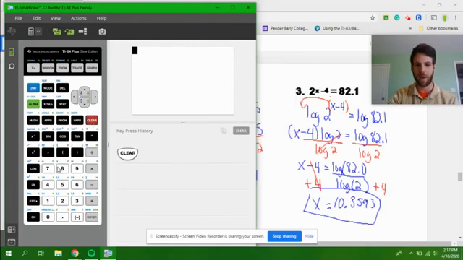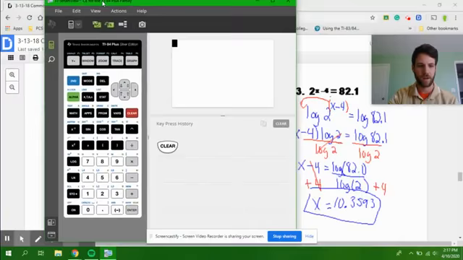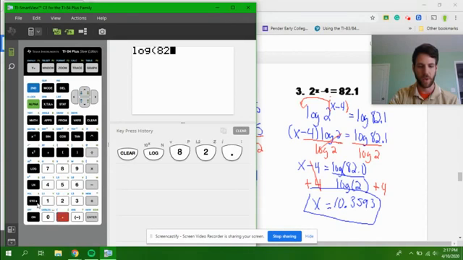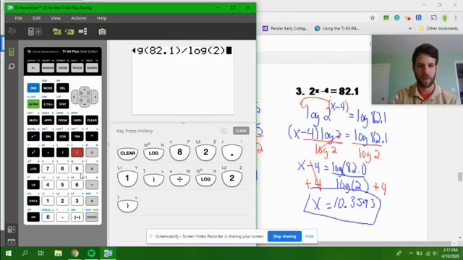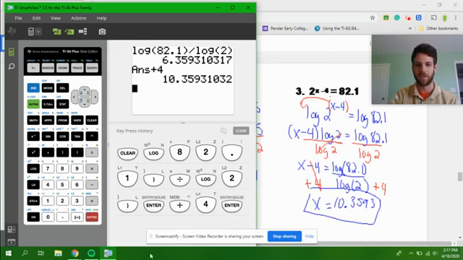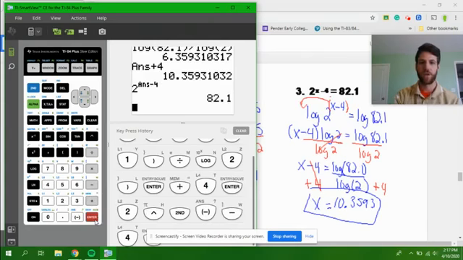The way that I would suggest putting it into your calculator would be to put log of 82.1 divided by log of 2, and then hit enter, and then plus 4 right away to use that answer, and it gives you the result that we wanted. So that means that I can do 2 to the power of that answer minus 4 should give me 82.1, and it does in fact do that.